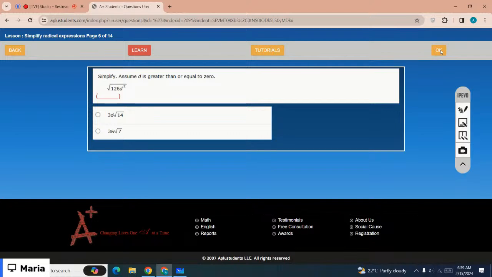The correct option is 3d square root 14.